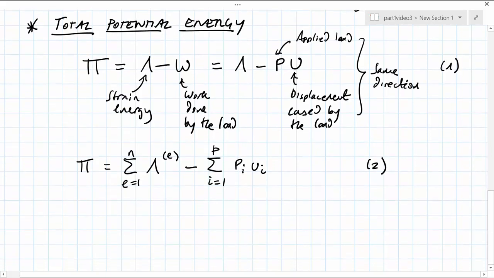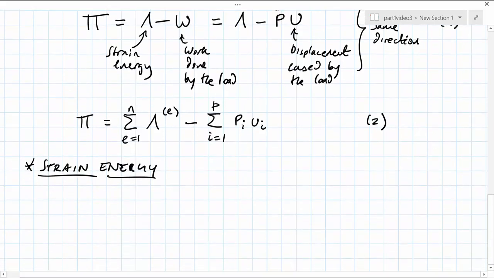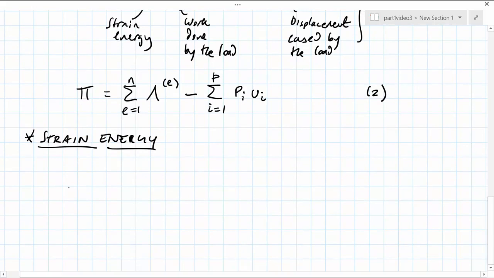The next step is to come up with an expression for the strain energy. In general, the elastic strain energy for an element deforming in the x direction is given by the following expression.